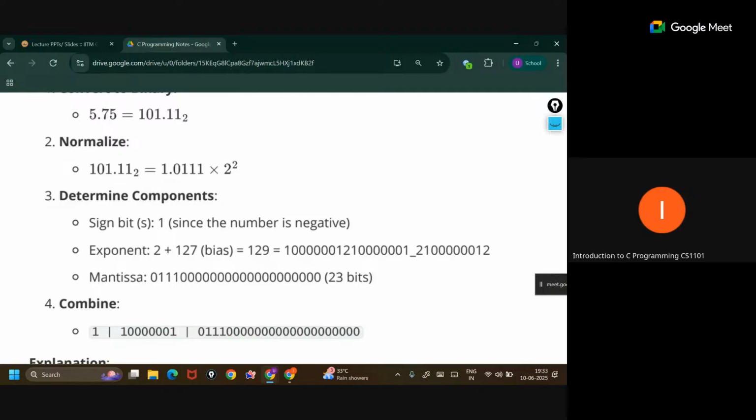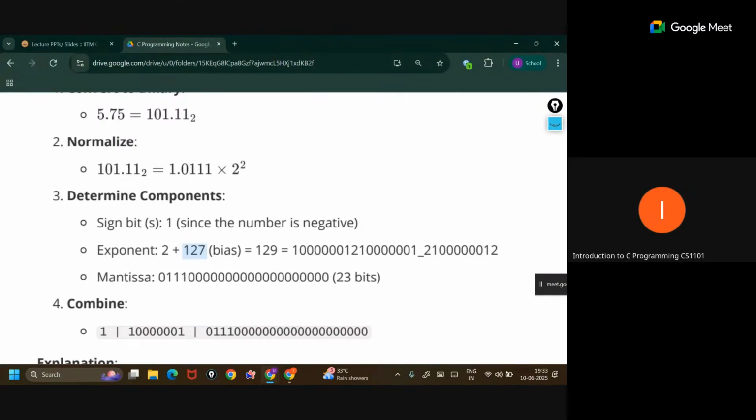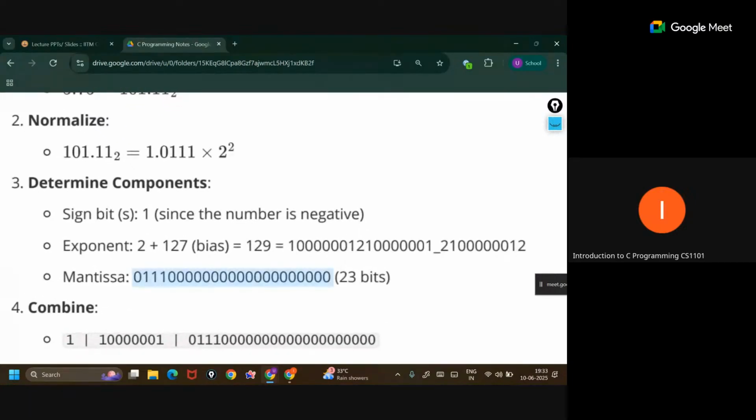So first we take the bias value, that is 127. 2 is the exponent which we are taking. So 2 plus 127 is 129. So we take the number 129. Then we represent the mantissa in 23 bits, that is 011 and the remaining all zeros to make it 23 bits.